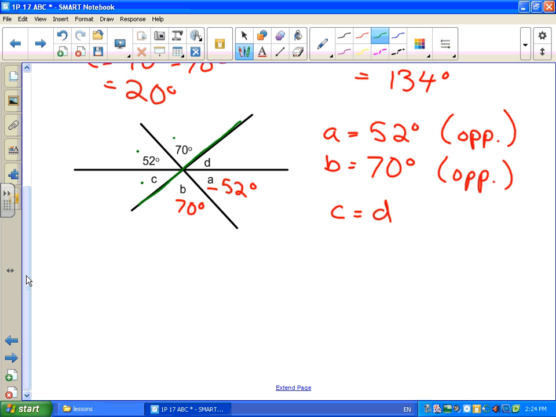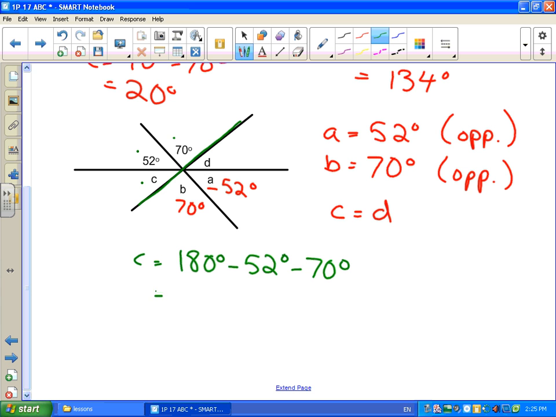Yeah, they add up to 180 degrees. They form that straight line, so they have to add to 180 degrees because they're supplementary angles.